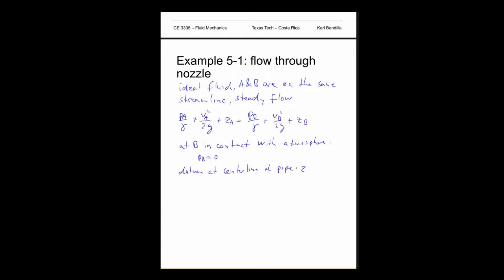That means ZA is equal to ZB is equal to 0. That's nice, they drove off. So what are we missing then? We are looking for PA. We know VA, we know ZA, we know PB, we don't know VB.